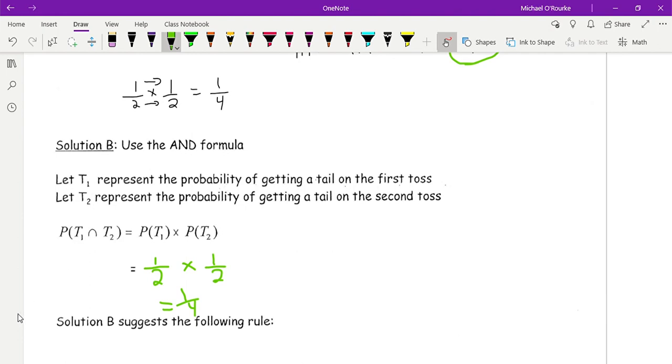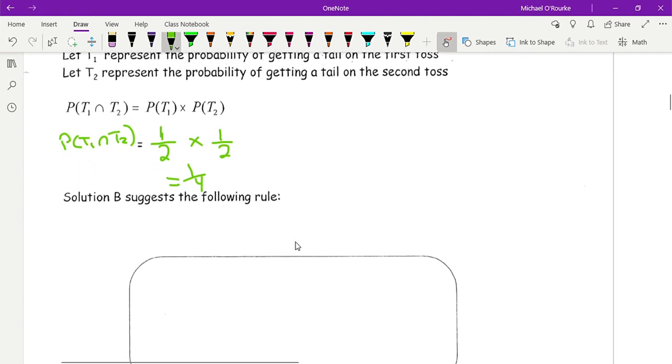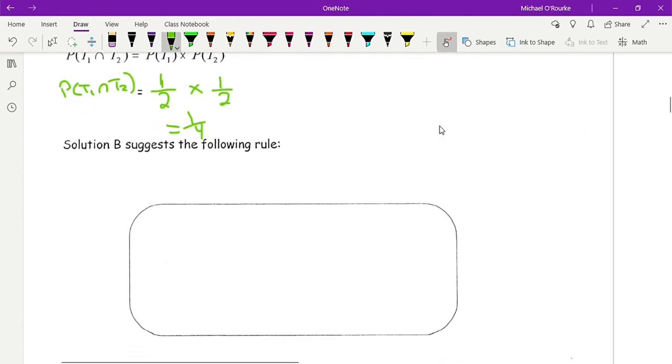Because they're independent, we can use the AND formula.